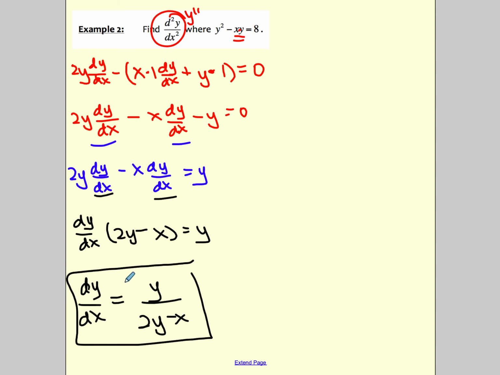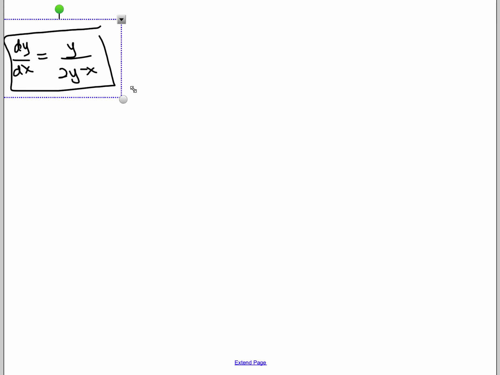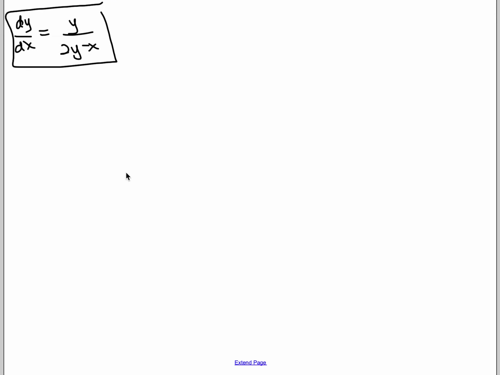Now, in order to find my second derivative, I'm going to take the derivative again, and in this case, it's going to be a quotient rule. I am going to quickly take this to the next slide. Okay, so here's my first derivative. Now to find my second derivative, I do quotient rule, so low d high.